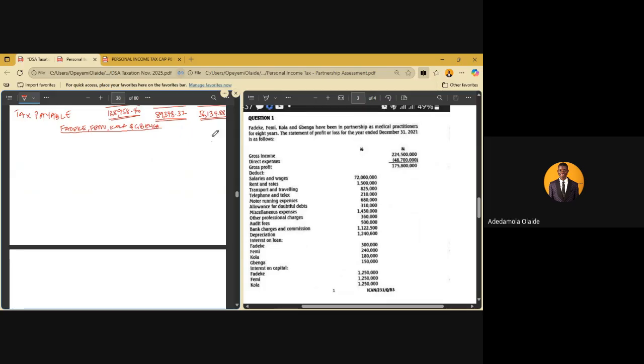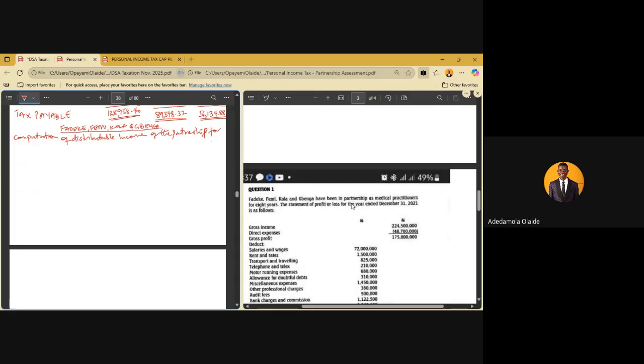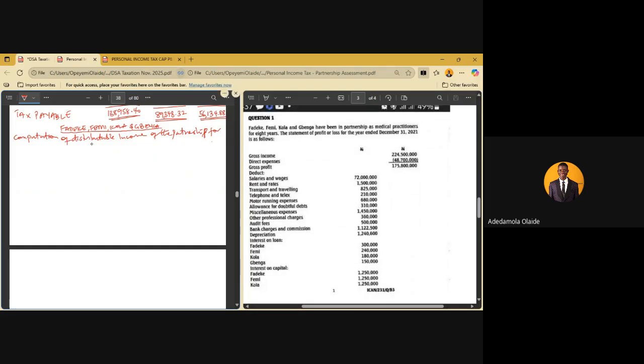Computation of distributable income of the partnership for 2022 year of assessment.